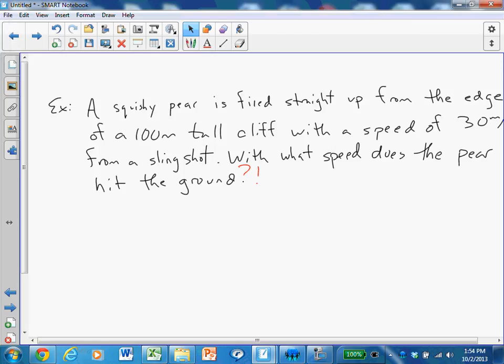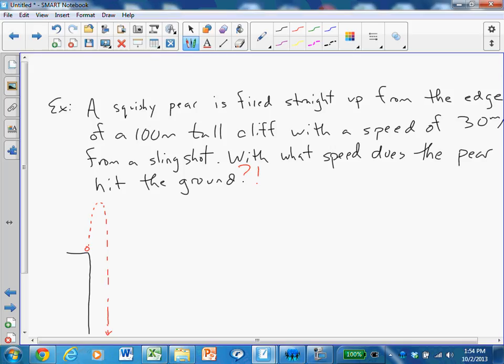So we're considering this going straight up and straight down, but the pear is shot up and goes down. The cliff here is 100 meters tall, and the initial speed is 30 meters per second.